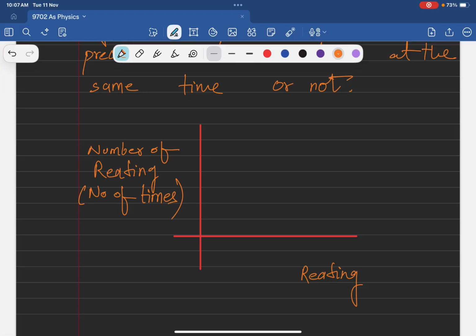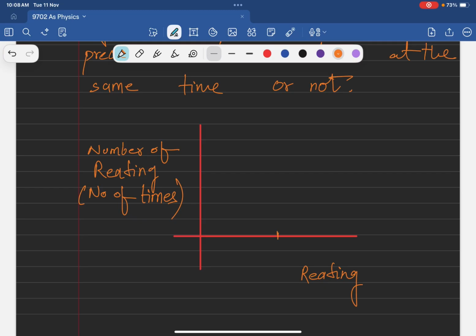Let me explain this graph very clearly: on the x-axis I have plotted the reading that I am taking in any measurement, and that reading is coming 2 times, 3 times, 4 times, or 5 times. How many times it comes is plotted on the y-axis. So let me draw my first curve.